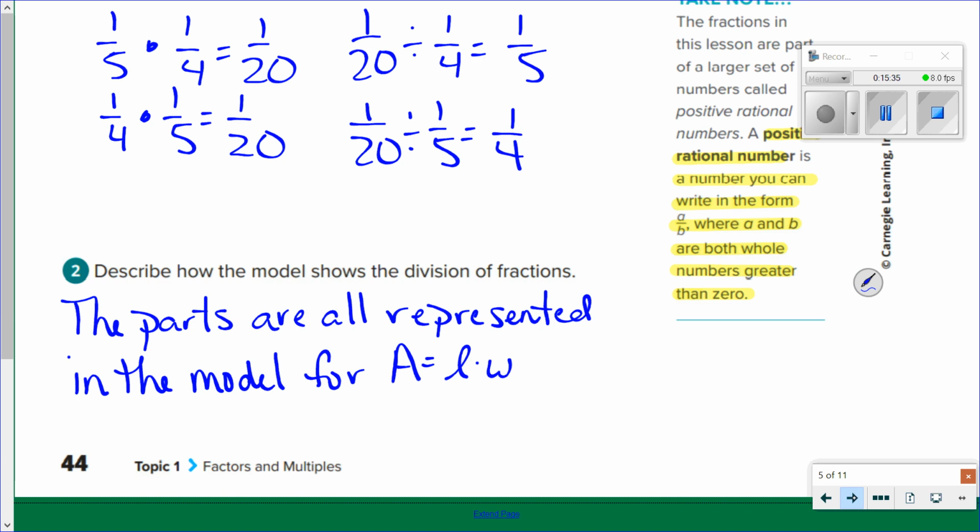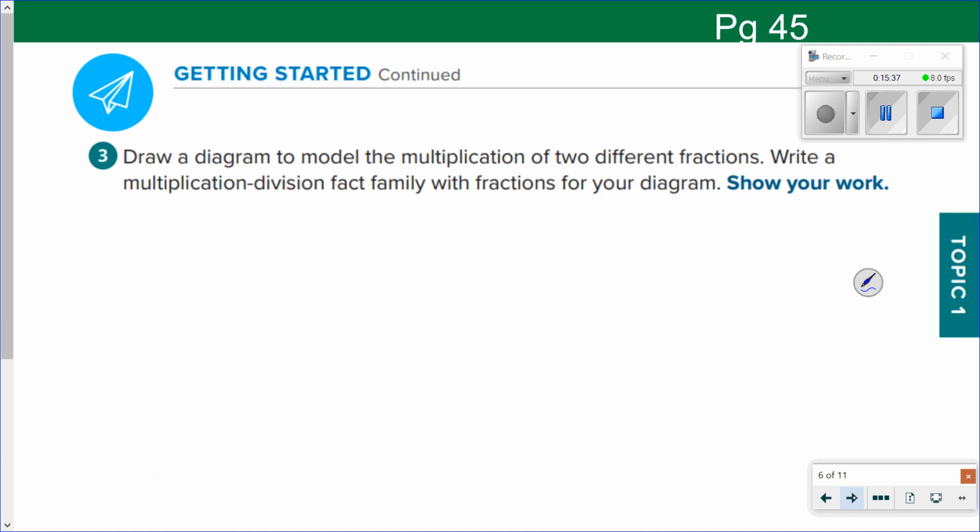Okay, next one. Here is a chance for you guys to show that you understand what we're doing here. So I'm going to actually give you a couple of hints. Number one, think back to the models we used for multiplication yesterday. And rather than leave this wide open, I'm actually going to give you numbers. So we're going to use the numbers 2/3 and 2/5.